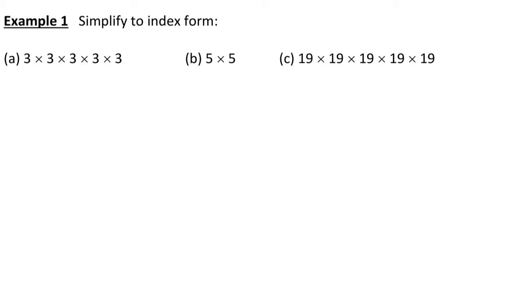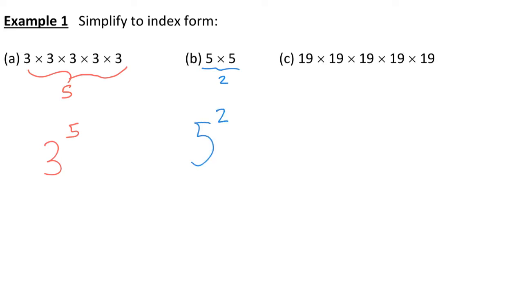So some examples on this. The first one is 3 times 3 times 3 times 3 times 3. We can see that there are 5 3's being multiplied together, so that's going to be 3 to the power of 5. Second example, 5 times 5. There's 2 of them, so that's going to be 5 squared.